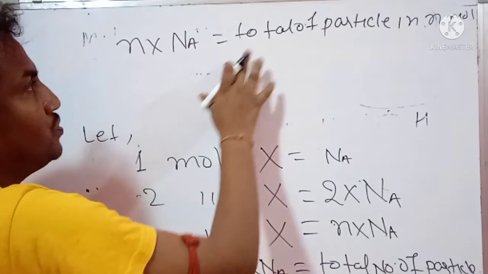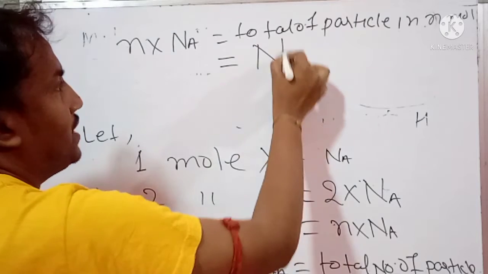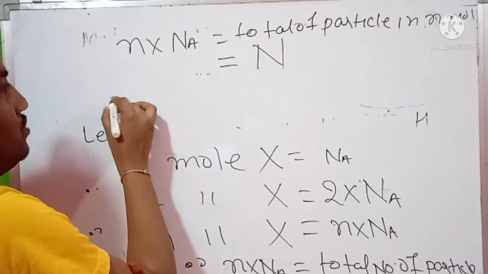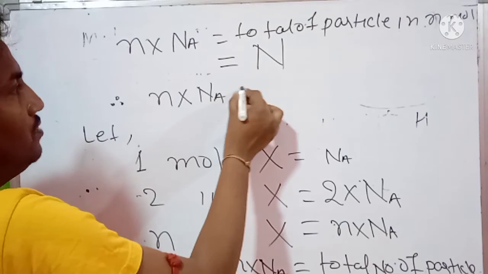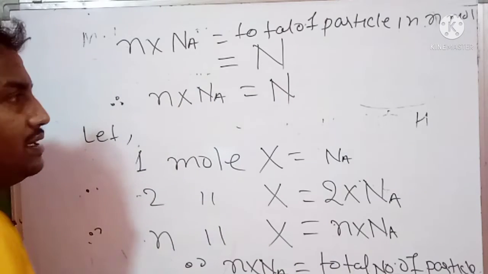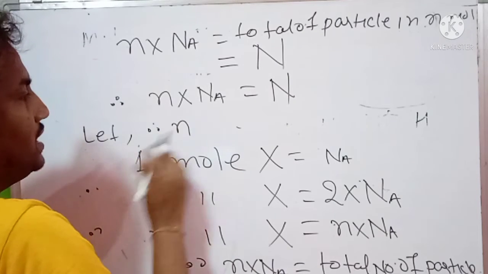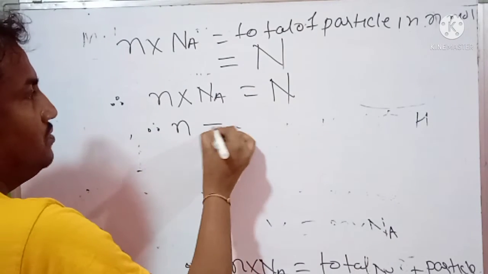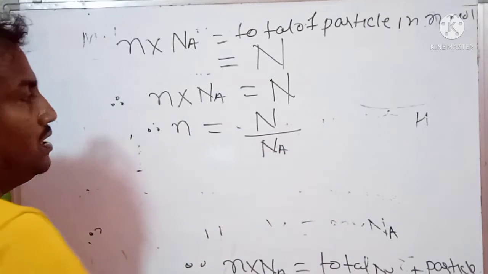We can assume the total number of particles in n moles is equal to capital N. So n into Na is equal to capital N. From this, we can calculate n moles, which is equal to capital N divided by Avogadro number.